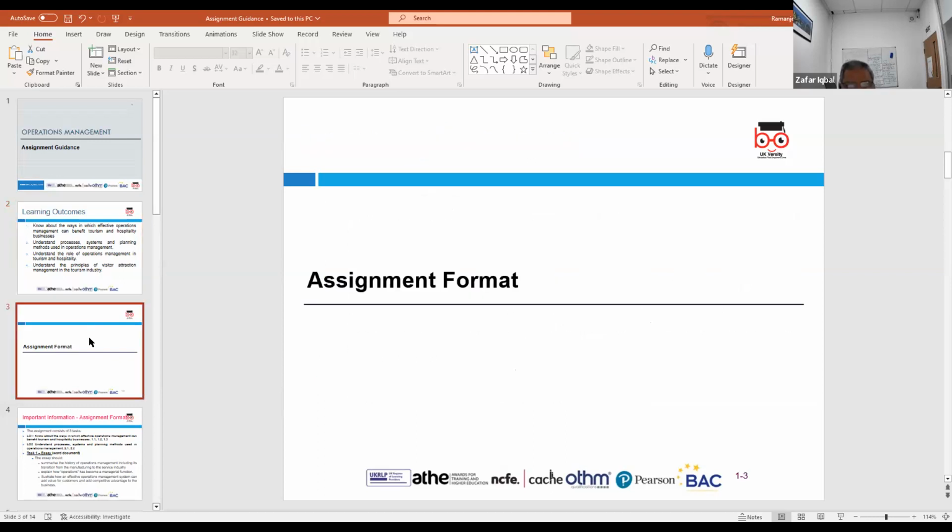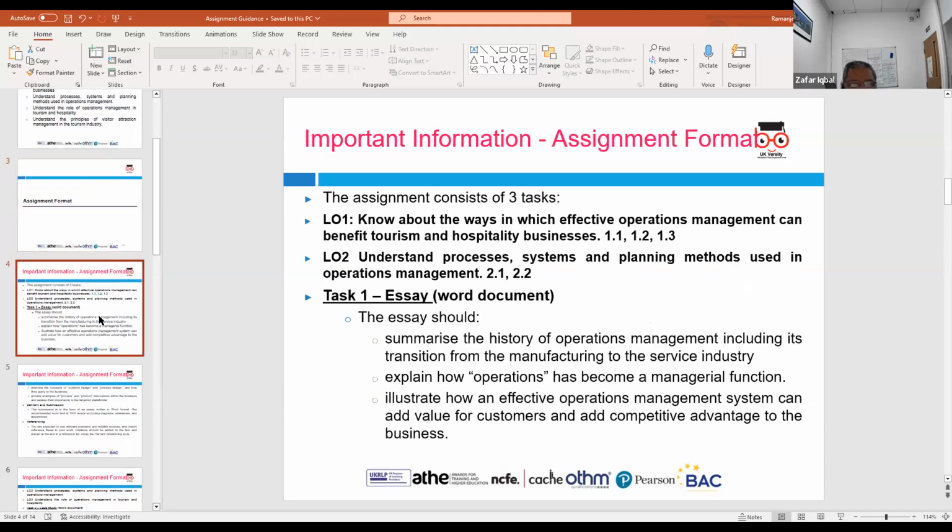And we'll be talking about how you're going to do your assignment and what you need to do in the assignment. Okay, do you have access to the assignment on the Moodle? Yeah. Okay, good. The important information you need on the assignment is that there are different tasks to fulfill different purposes.